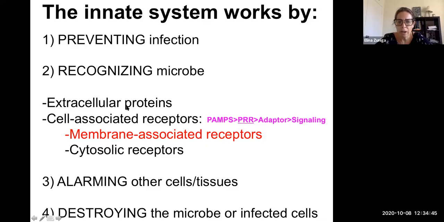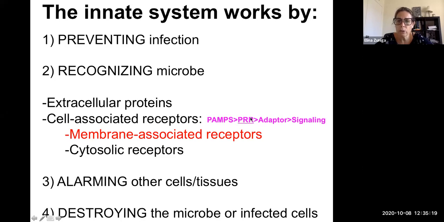We talked extensively about extracellular or soluble proteins that recognize the microbes, like the complement system, a group of proteins that can recognize the microbe or be activated upon recognition of the microbe, and then can lead to alarm and destruction of the microbe. And today we will cover cell-associated receptors that will also recognize the microbe.